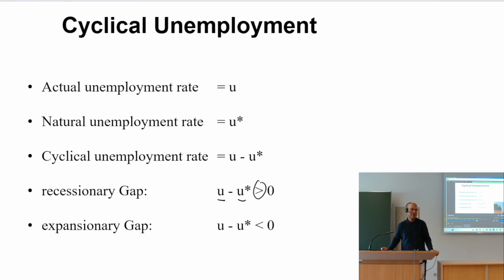If the actual unemployment is higher than the natural rate, then we are in the recessionary gap. And the other way around, if the unemployment rate is lower than the natural rate, then we are in a kind of a boom phase, because only some people are unemployed relative to the natural unemployment.